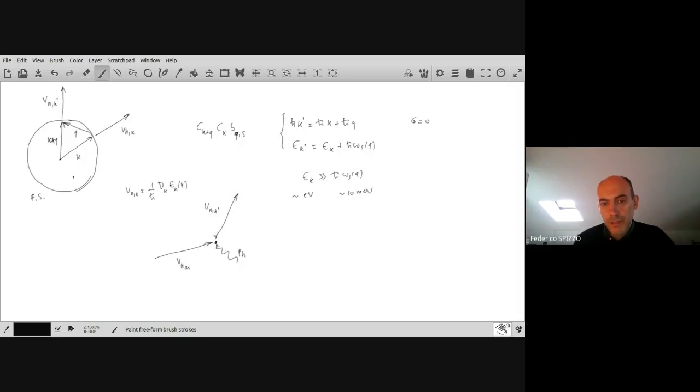So he supposed to have a point interaction between the electron and something else, and due to that interaction, the velocity of the electron could change direction, and this is what happens here.